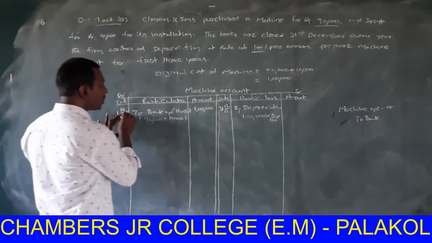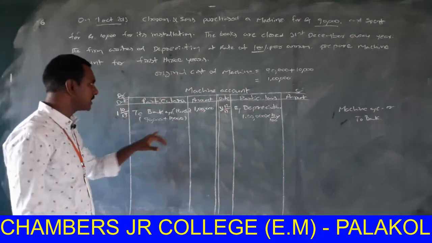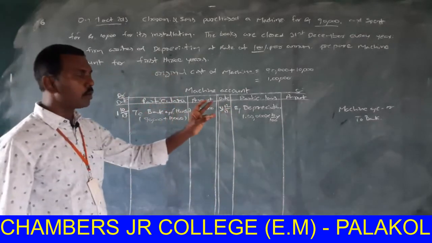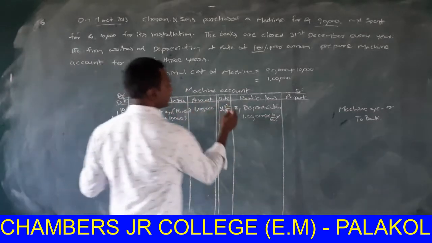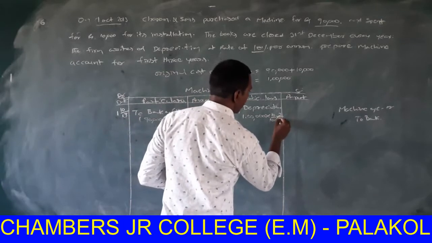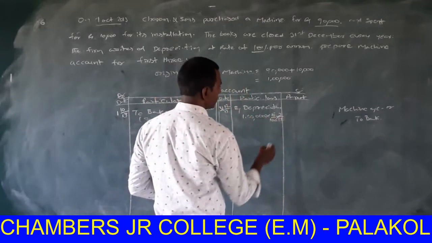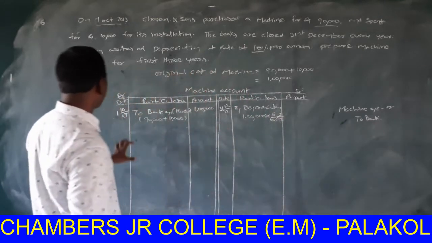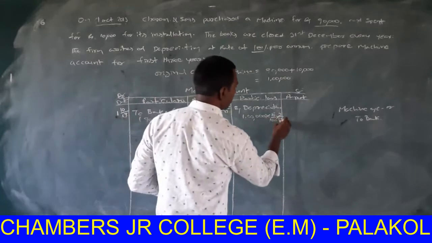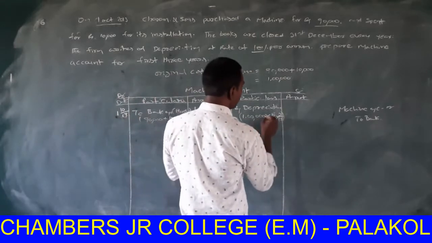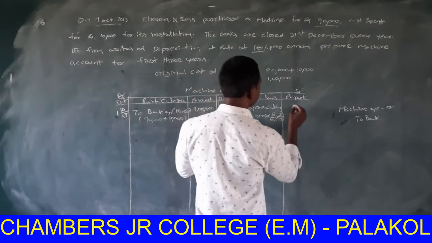From 1st October 2013 to 31st December 2013, how many months? October, November, December, 3 months. So depreciation is calculated for 3 months, 3/12. 1 lakh into 10/100 into 3/12.